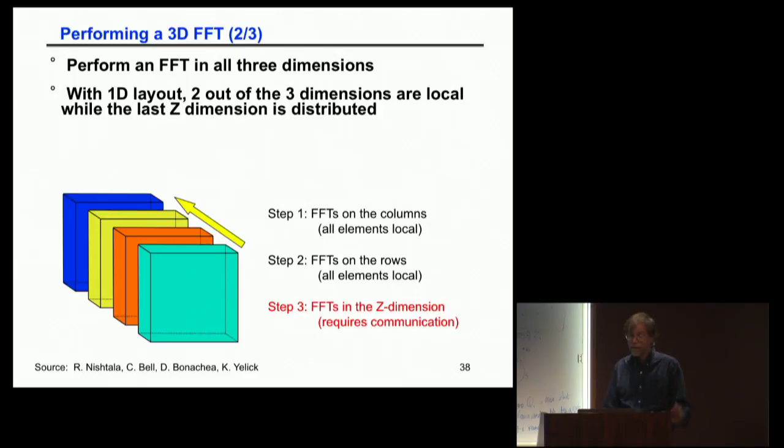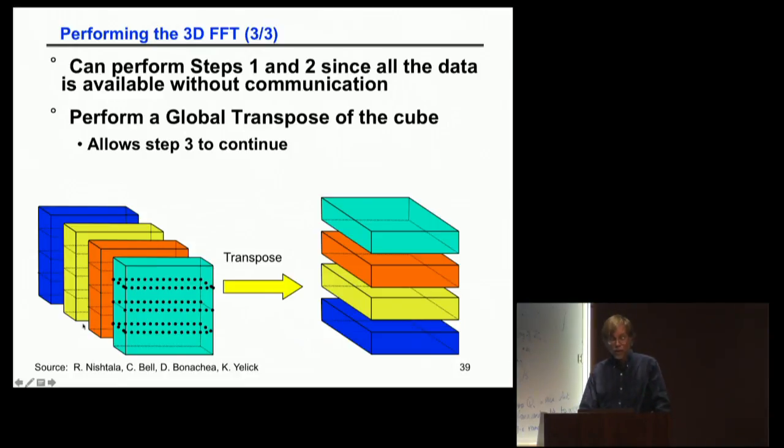Here's sort of the simplest way to do it. What I need to do is transpose this cube somehow. So let me just think about what I need to do. This is the initial layout that I started with. This is the layout that I want in the transpose case. And so what I've indicated here by drawing these dotted lines is which sub-slabs, call this a slab, need to go to which processor.